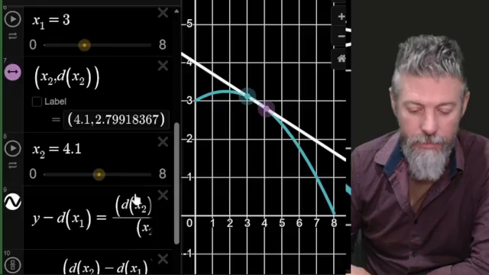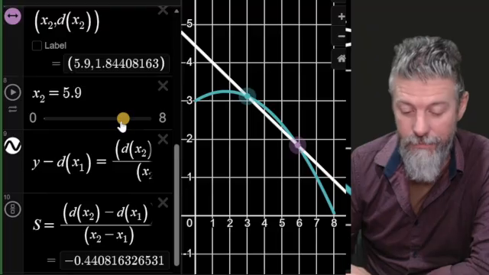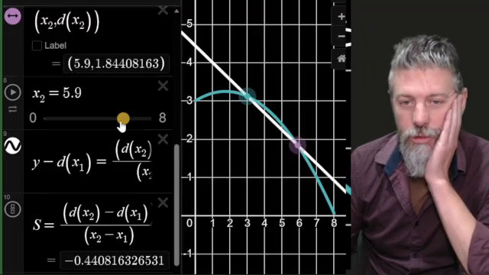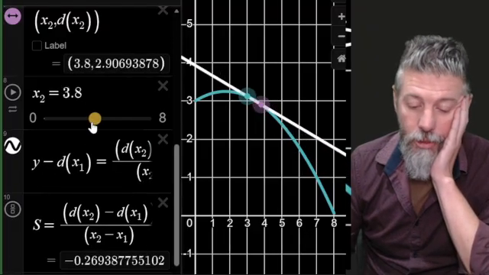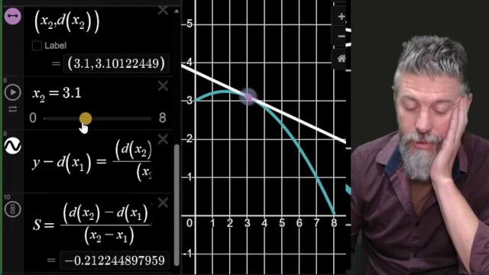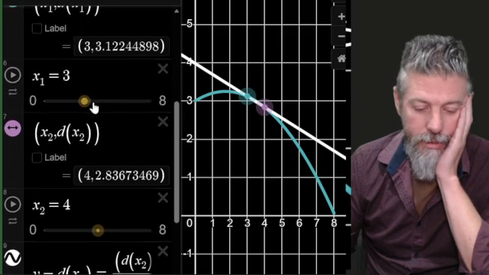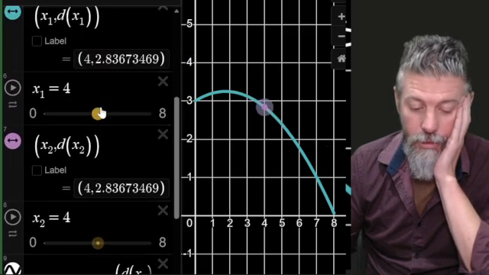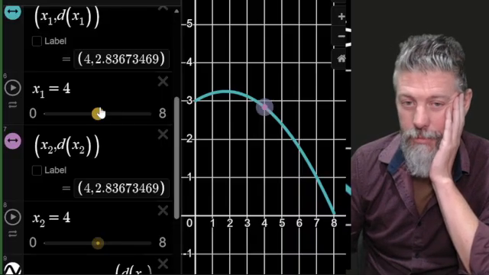So we can see that as we put our points further and further apart, we're not really drawing a tangent to anything. But the closer that those two points get to each other, the more and more it becomes a tangent. Now, I can't make these two points both the same, because if I do, you can see that the tangent line disappears.